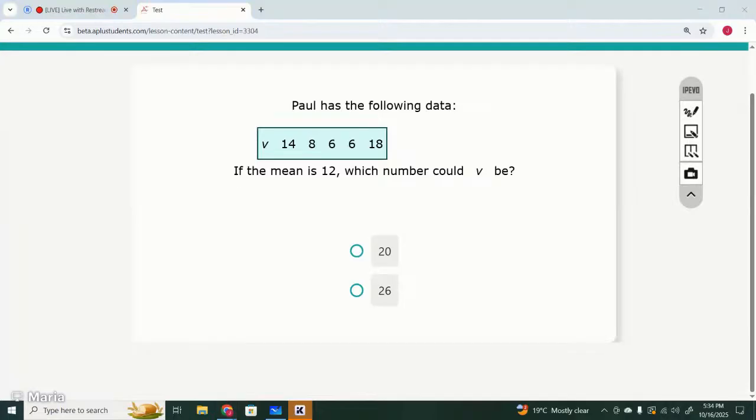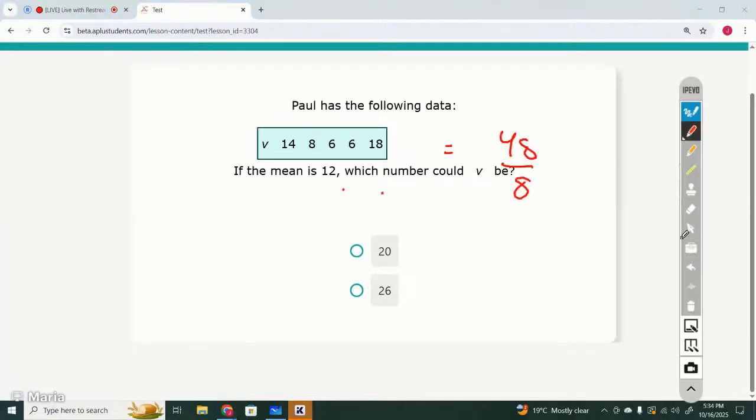Mean is 12, right? Mean means the sum of all the numbers divided by the number of values. Let's suppose V is 20.